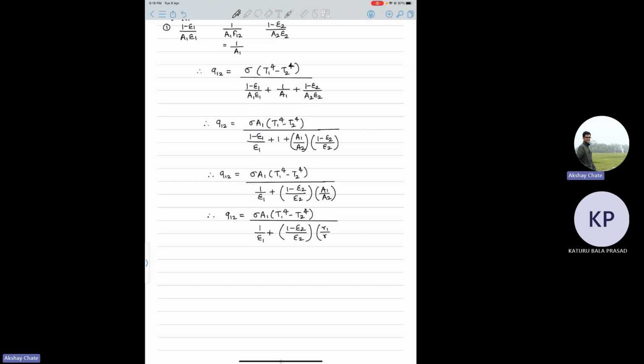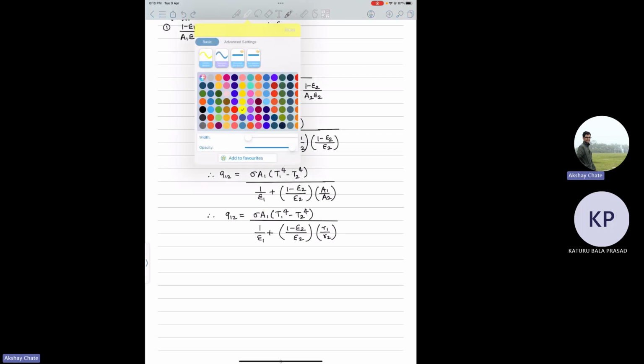This one will be R1 by R2. So remember, this is A1 here, or maybe I will put a star mark here, or maybe, one second, a different color would be better. Okay, where is red?